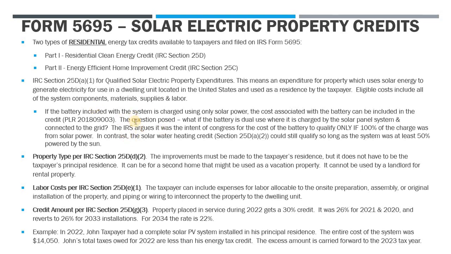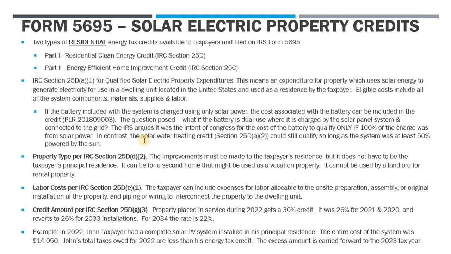Now, in this paragraph here, I've highlighted an issue that was raised with the battery, right? So in this private letter ruling reference here, what happened was the taxpayer had a battery installed with the system, which is common, but they weren't sure whether it would qualify for the credit. They thought they might have had to pull that piece out and not get a tax credit for the battery component, right?